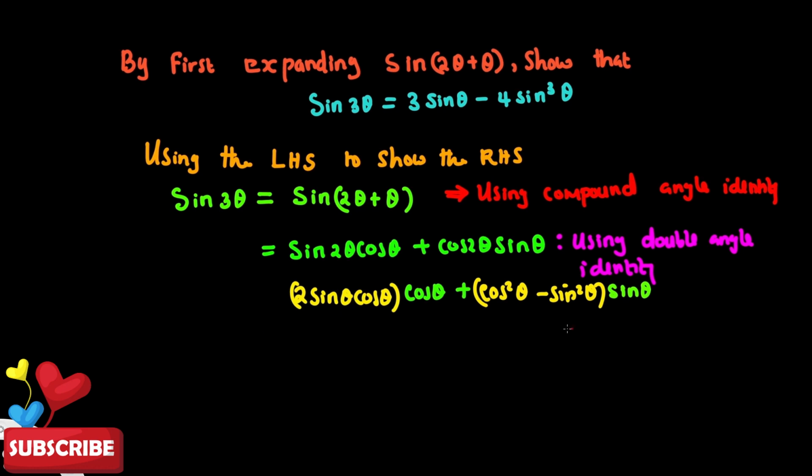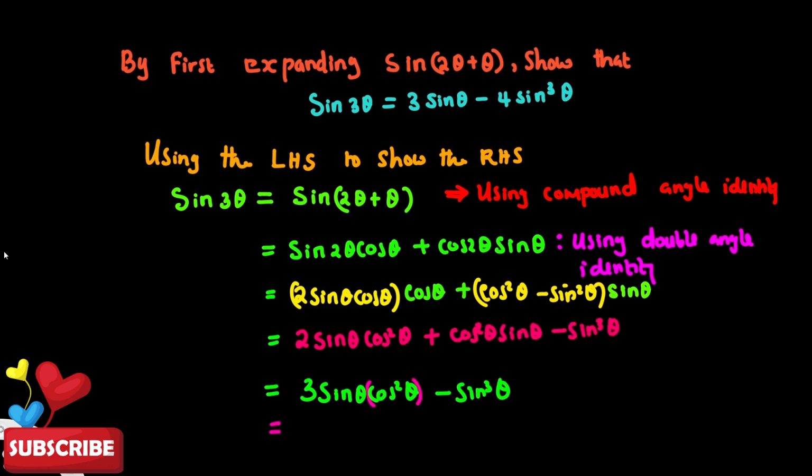So we can now open the brackets so that we can simplify this further, and then we can express cos squared theta in terms of sine using the Pythagoras identity.